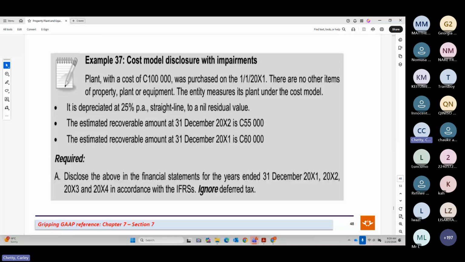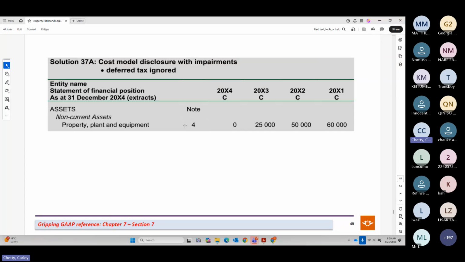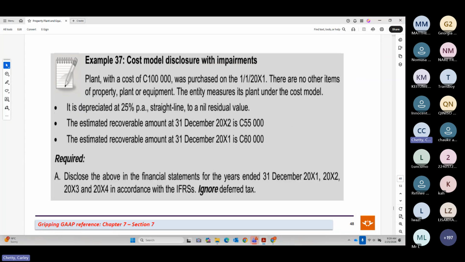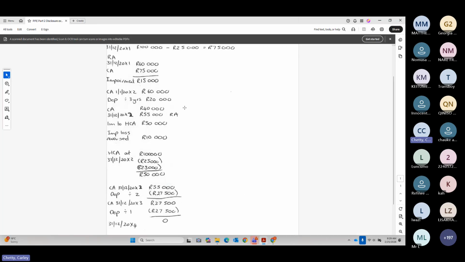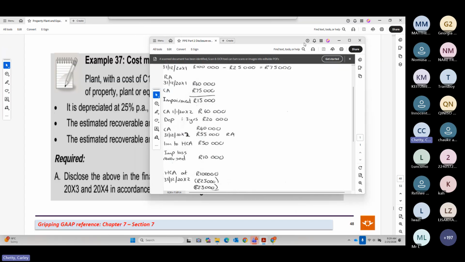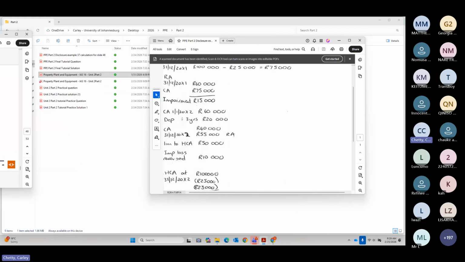Ignore deferred tax. Okay. So here we want to look at the disclosure. I have prepared the calculations. Unfortunately, they're not typed up, but I have prepared them here. So we can just have a look at them and then follow through with the disclosure.